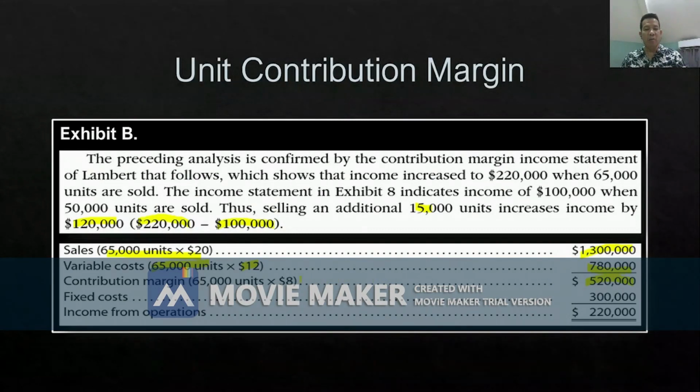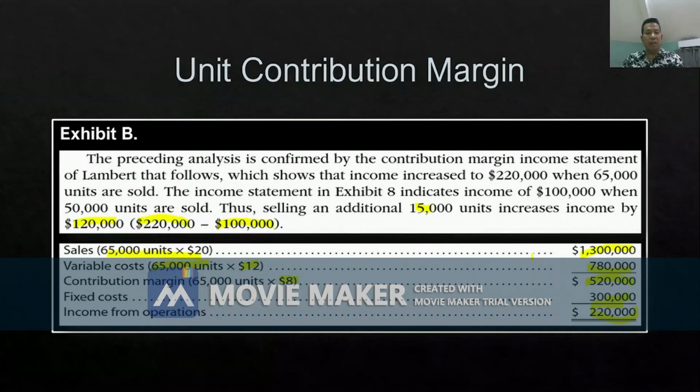So pwede din nating i-compute the additional units multiplied by the unit contribution margin of $8, so it's equal to $120,000. Since Lambert has $300,000 fixed cost, Lambert has an income from operation of $220,000.